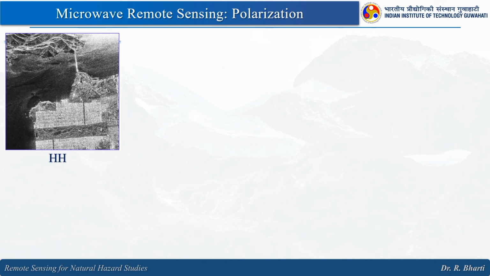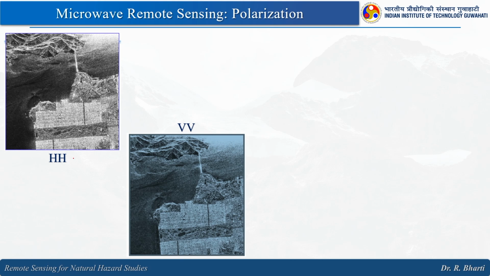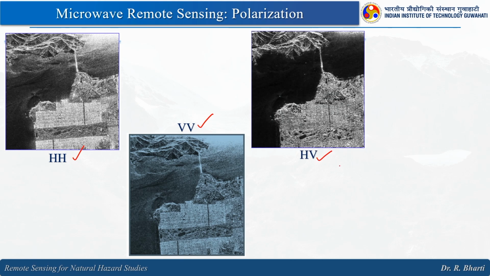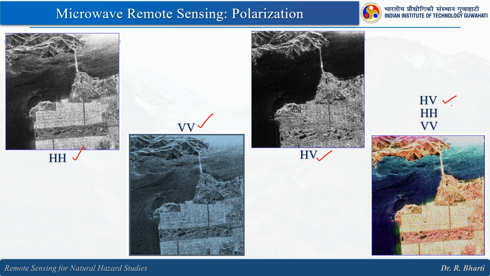This is an example of polarization. This is HH, this is VV and this is HV, and this is the color composite of these three. Here you see, if we have HH or VV or HV, what different information we have for the topography.